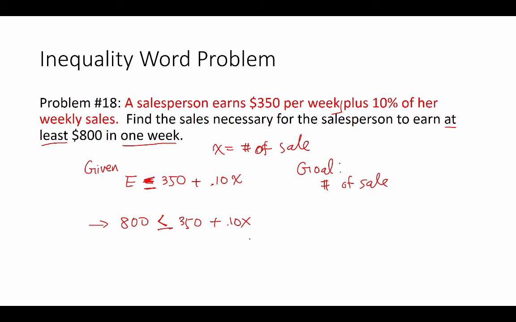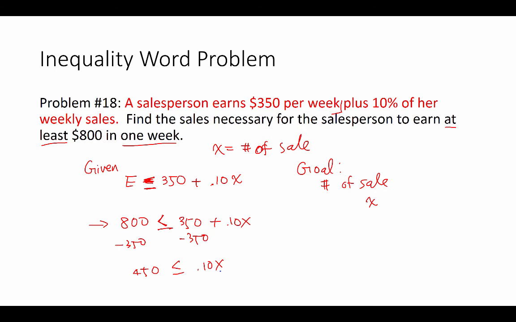Once you are able to set the problem up and the equation up, and know that you're looking for the x in the inequality, then all you have to do is simplify. So let's simplify by subtracting 350, and I get 450 is less than or equal to 0.10x. 0.1 is equivalent to 1/10.